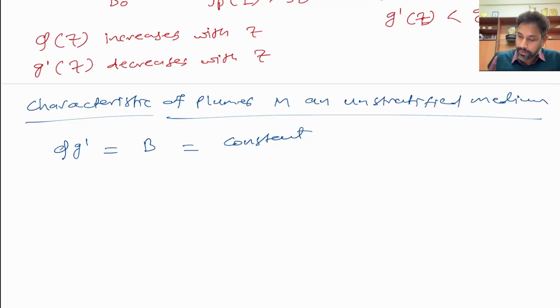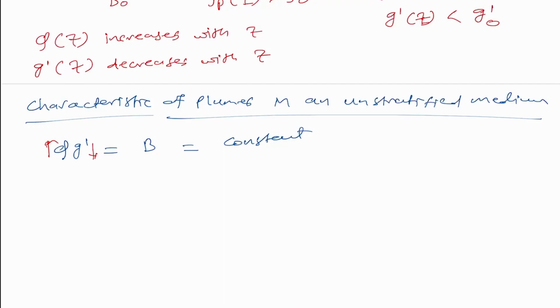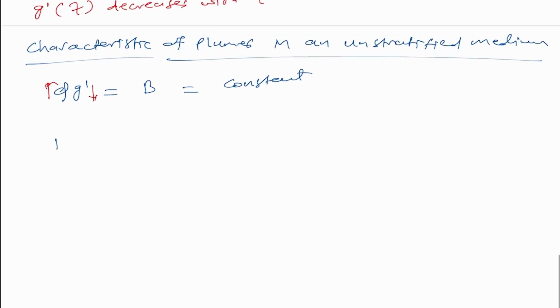We have seen that Q increases and g prime decreases, and interestingly, both of them increase or decrease in similar proportions, so that the multiplication of them remains constant. So B remains constant, B is equal to B naught, which is constant at all elevations.